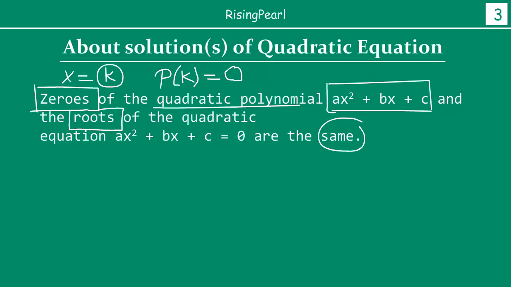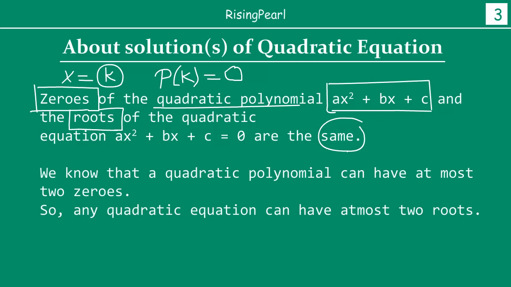So again, I just wanted to make sure that we have a webisode where we talk about all of these various terms and how they all really mean one and the same thing. So we know that a quadratic polynomial can have at most 2 zeros. This is also something we have seen earlier from our series 5 on polynomials, when we were talking about the graphical representation of a quadratic polynomial and the zeros of a quadratic polynomial.